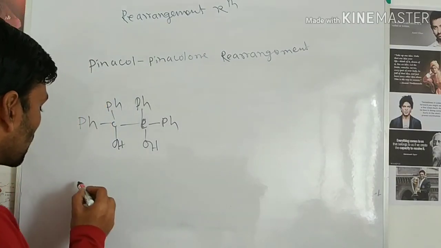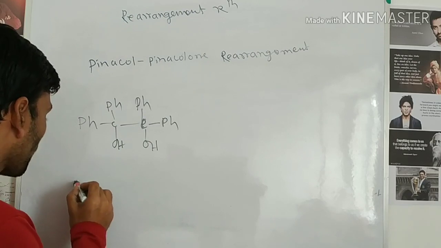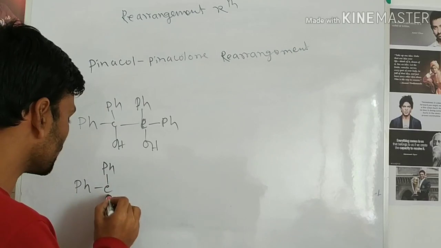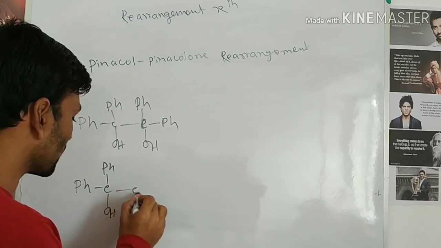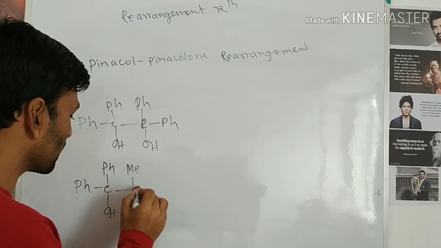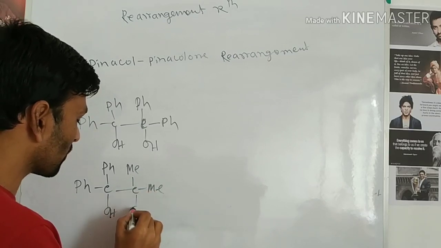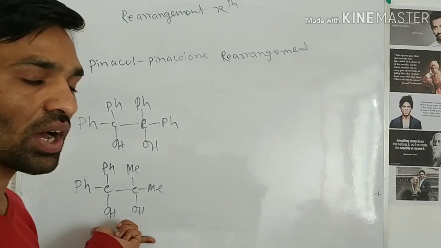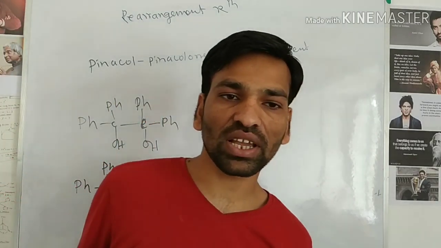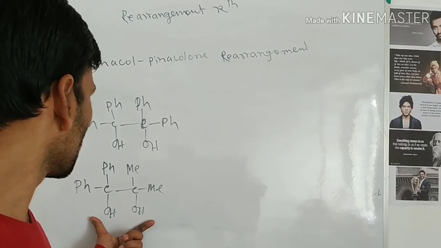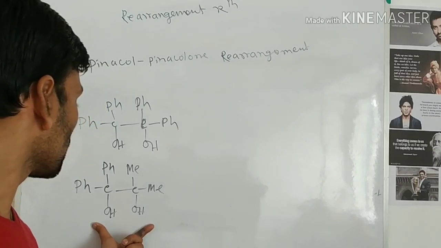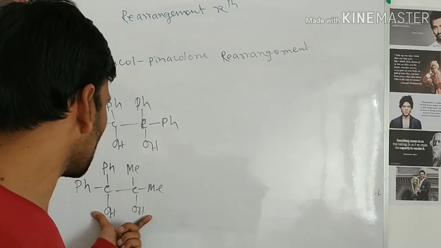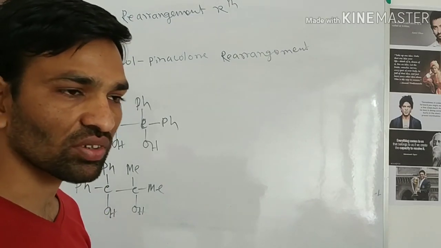But with Ph2C(OH) and Me2C(OH), these hydroxy groups are asymmetrical, and one of them is protonated first.